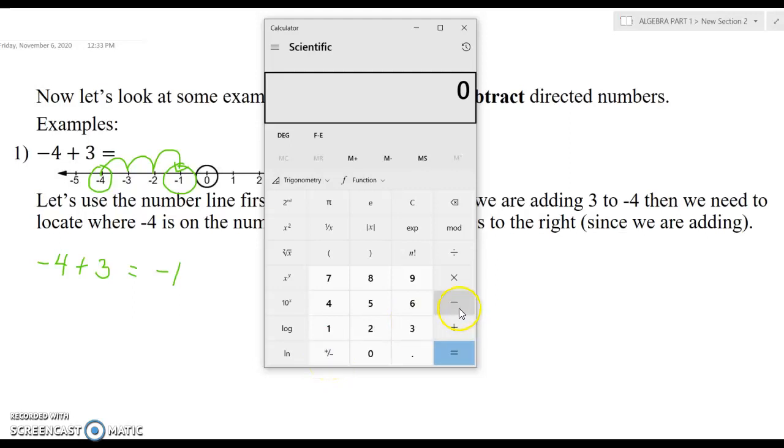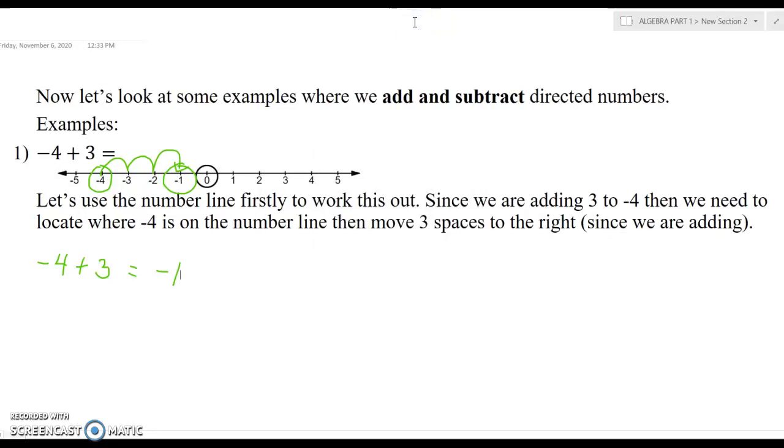You're not using the subtraction and the addition sign. You're using this little tiny one here. So let's start over. Put the 4, and then in this calculator, you have to press the negative after. So negative 4 plus 3 gives me negative 1, right? Again, you could use a calculator or your number line for these things, not a problem.